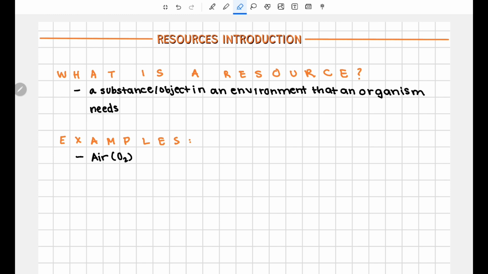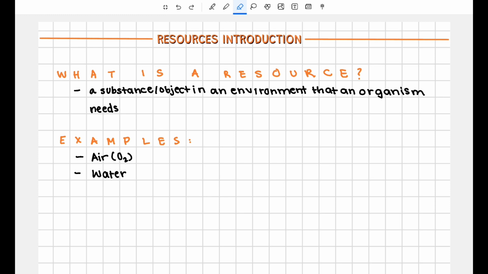Air, or more specifically, oxygen, is a resource. It's a substance that an object needs in order to survive. Water is another one. You absolutely need water in order to survive.